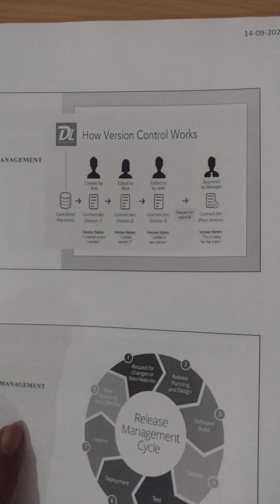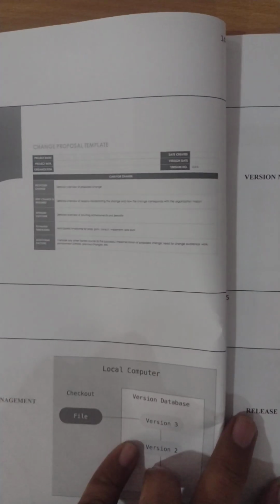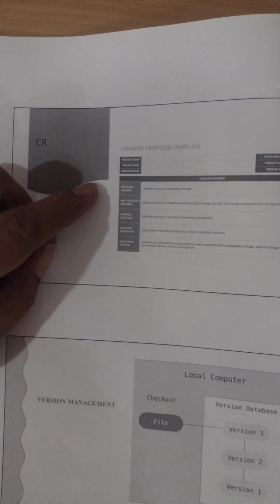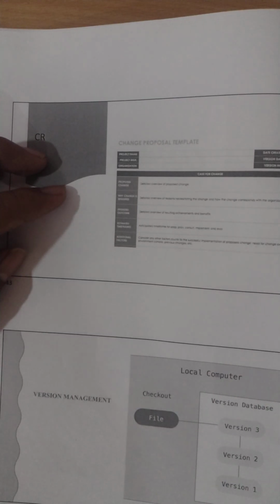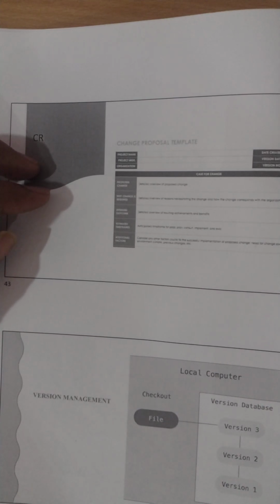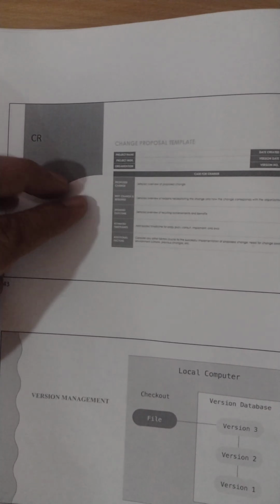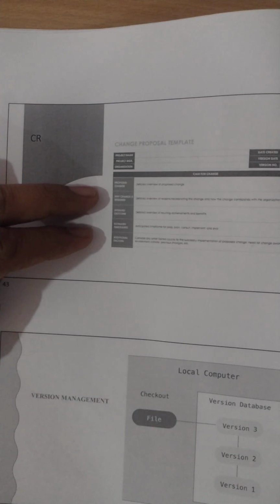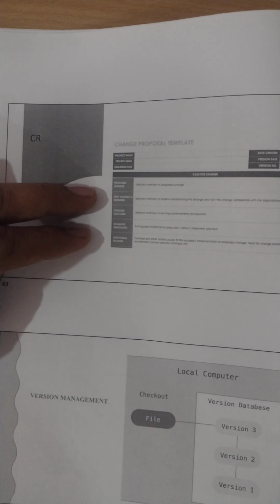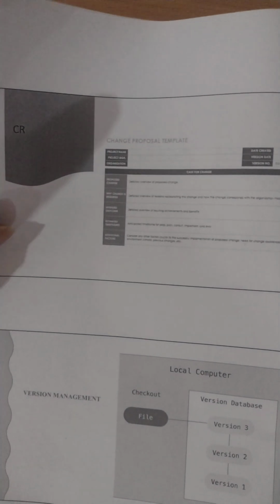For change management, generally change request proposal formats are used. We call it a change proposal template, change request log, like that. It will have details of the changes being proposed, who is the owner of those changes, what changes are required, whether it is payable or not payable, like that.